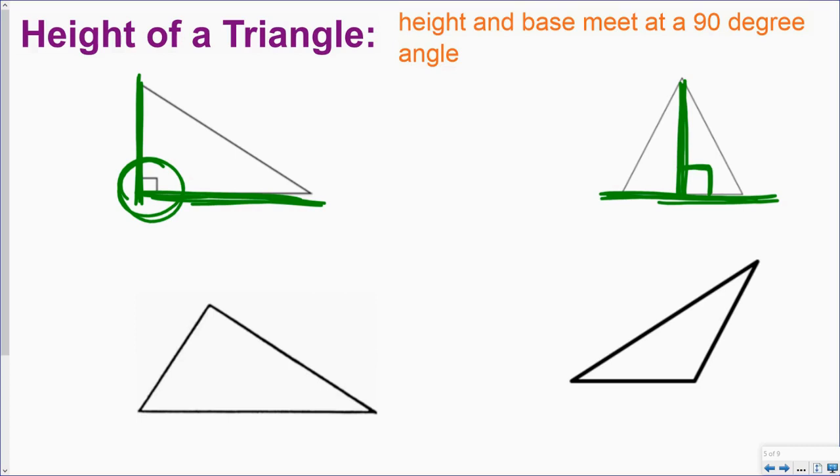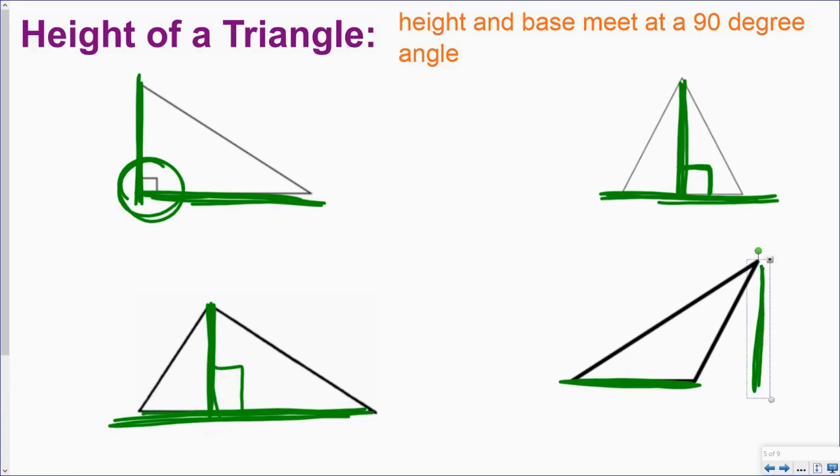This next one, again, here's my base. So my height would go to this point. So again, here's a 90-degree angle. Now in this last triangle, here's my base, but there's nowhere really to match the height at 90 degrees. So the height of my triangle is actually out here.